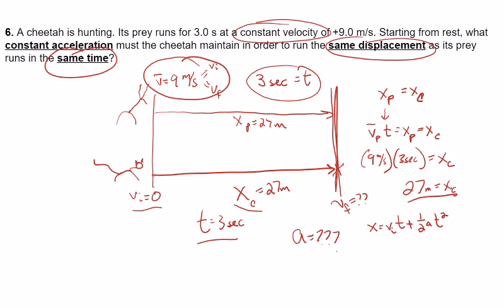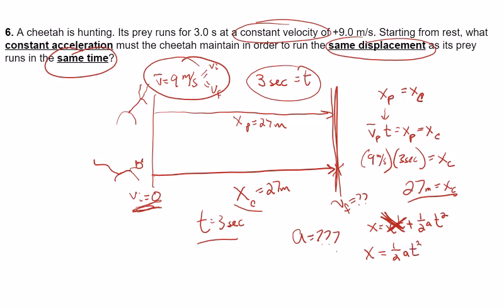It's weird to actually solve it for A, but here's an extra little bit. Since the initial velocity of the cheetah is 0, that means this part is actually going to be 0. 0 times 3 is going to be 0, even though I add it to something. So I usually just get rid of this part, and I can just say that the X of the cheetah is going to equal 1/2 the acceleration multiplied by time squared.